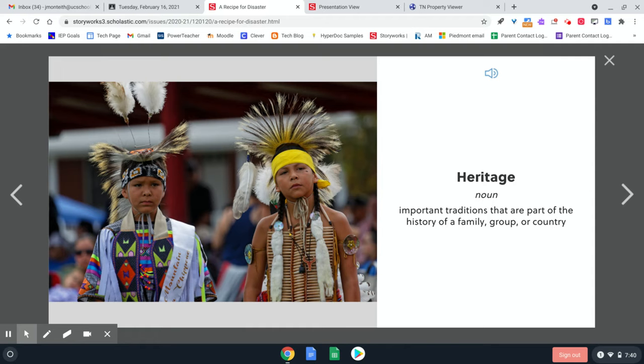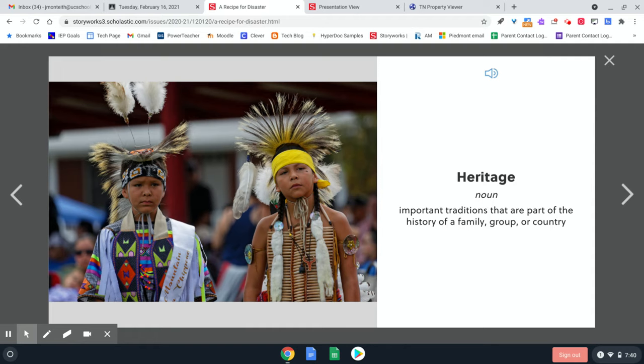Maybe some of your ancestors were from Germany or India or Mexico or just anywhere different. Or maybe you just have an American heritage. But it's important traditions that are part of your family or country. And it can be things like just something you celebrate that other families maybe don't celebrate.